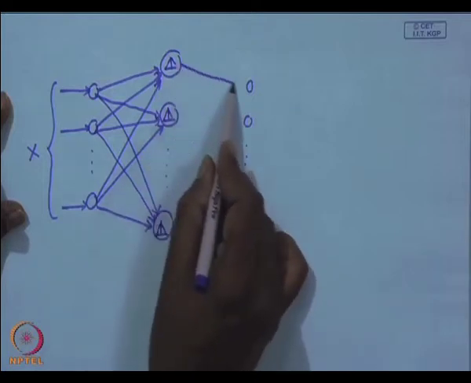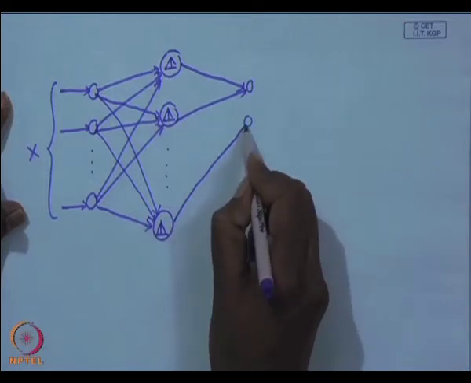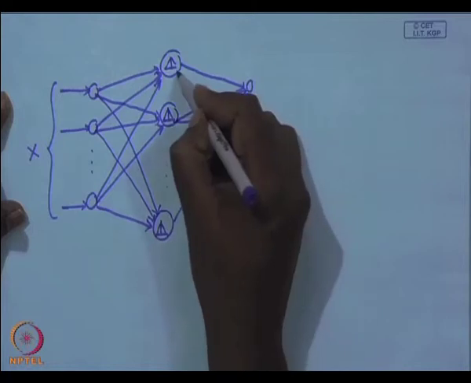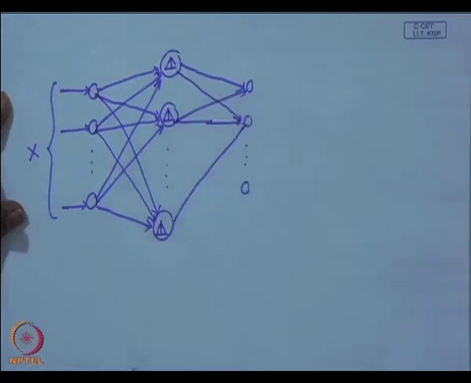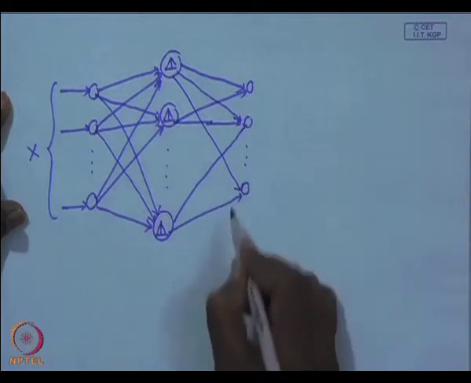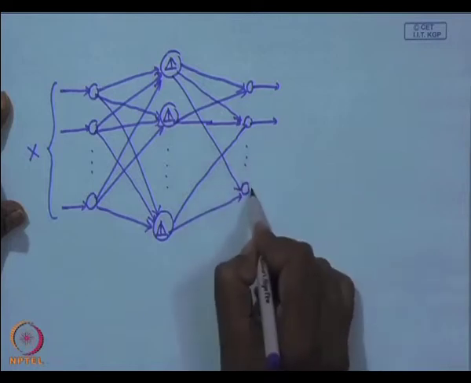Outputs of the hidden layer nodes are connected to the output layer nodes. So, like this, and I take the output from every output layer node.